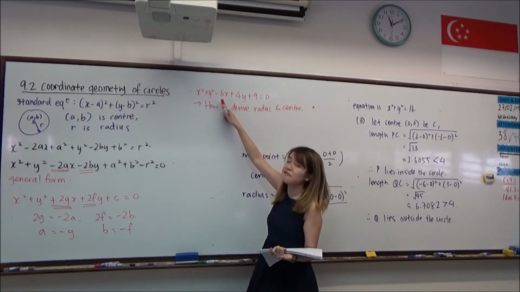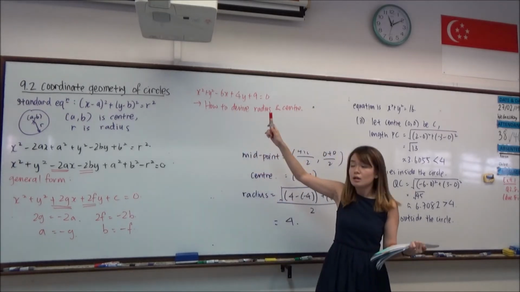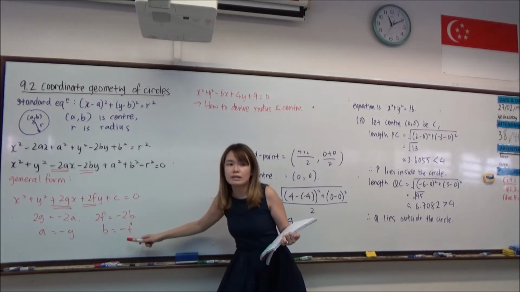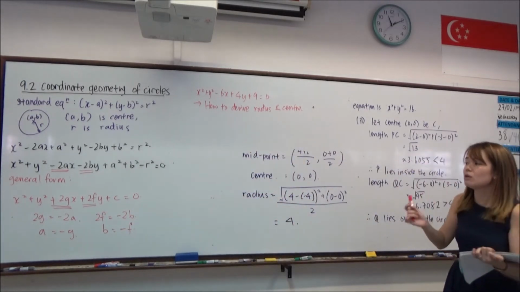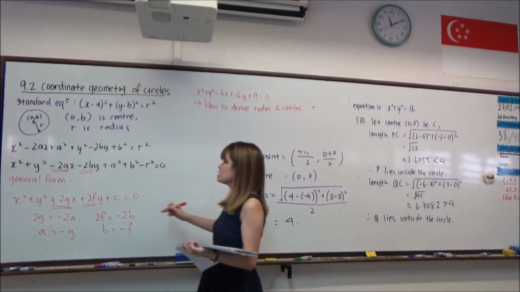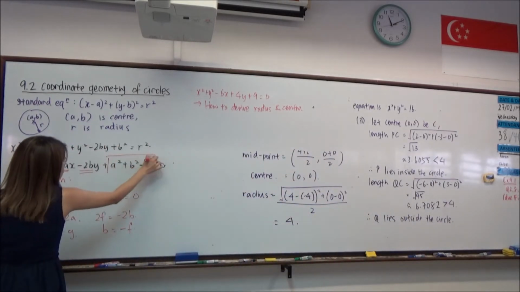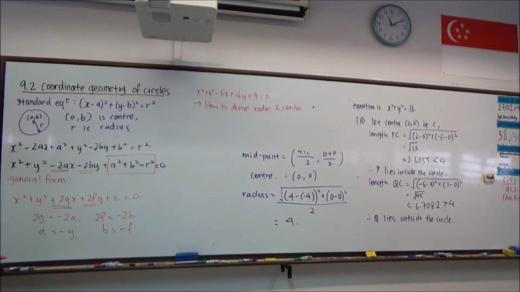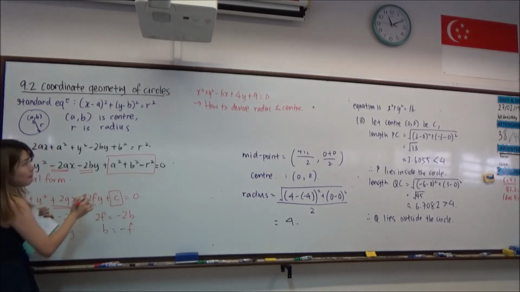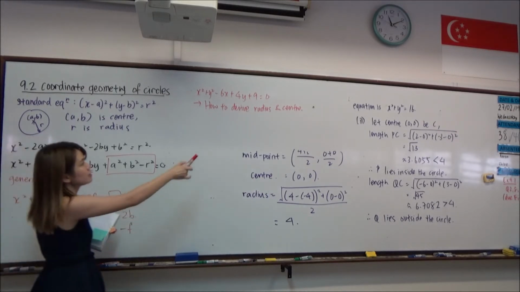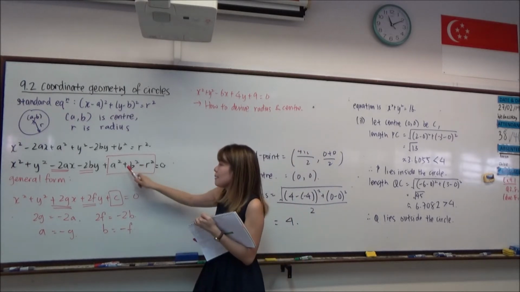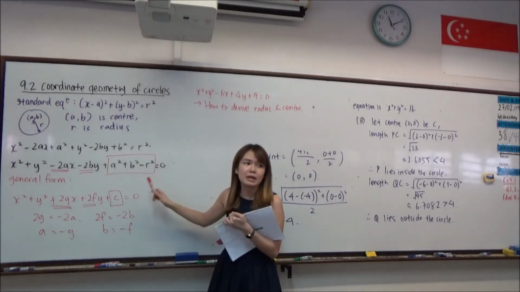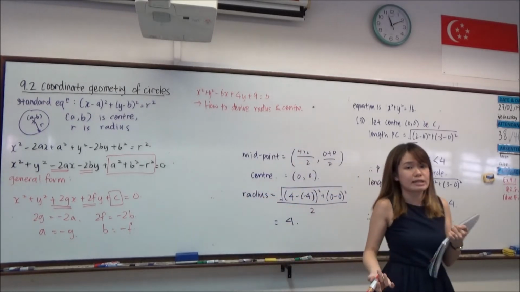Looking at the coefficient of x and y, I will be able to find out the coordinates of the center itself. Then the radius falls in here, and that is the value of c that we're looking at. In this particular example, that will be the value of 9. Since we have already found a and b, I will then be able to solve the equation to find out the value of r.